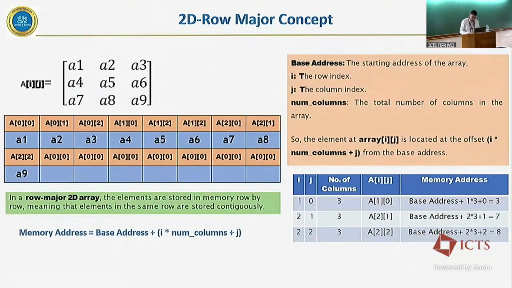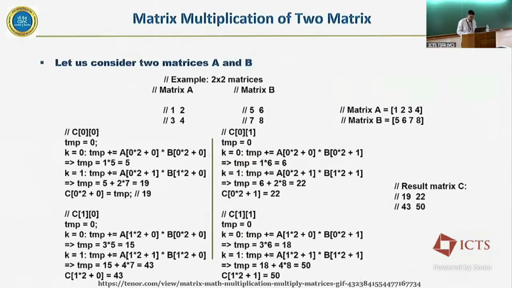Okay, look here. Suppose I have a 2 by 2 matrix, matrix A having elements 1, 2, and 3, 4. Then matrix B having elements 5, 6, 7, 8. To find the result, first I have to calculate C00.